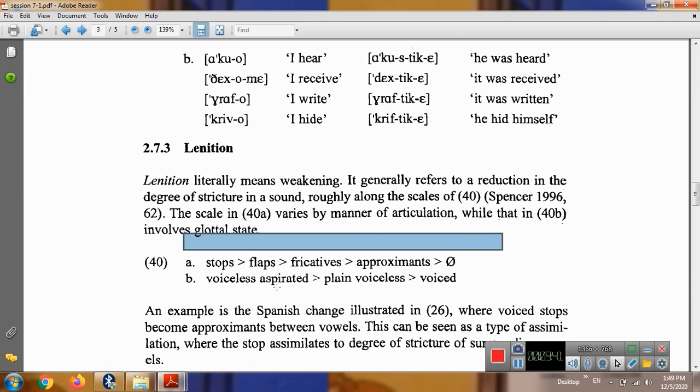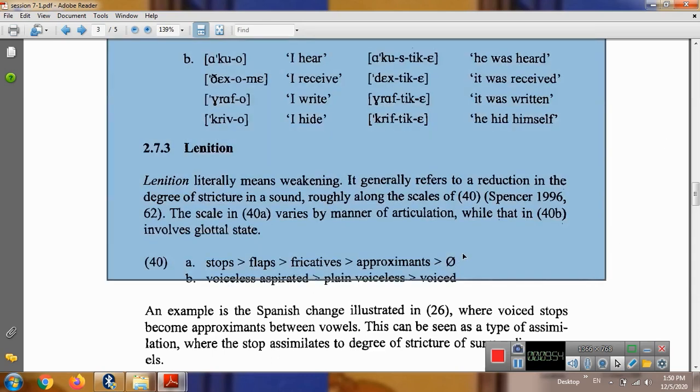And when the voiceless aspirated sound turns to the plain voiceless, and plain voiceless turns to the voiced, we say that we have lenition here. But when we insert one sound, we have insertion.